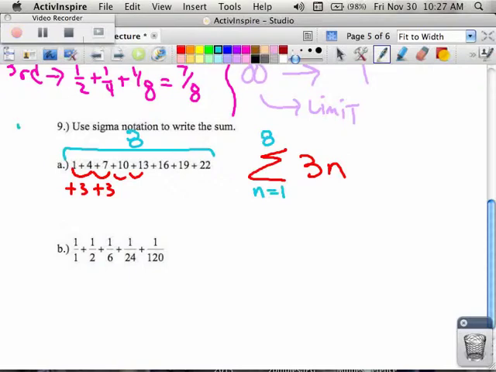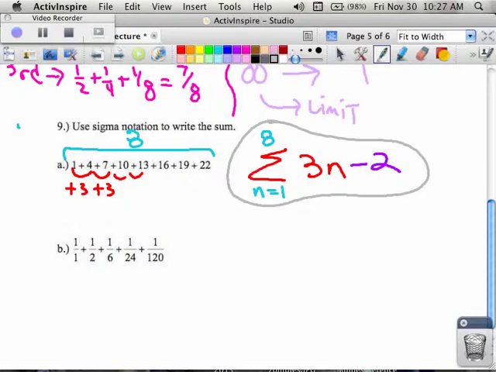Now let's just see if this works out fine. 3 times, what number do I plug in first? 1 is 3. Is that what I wanted? No. Oh, darn it. So I've got to subtract off 2. And what you see here in the gray circle is the sigma notation sum of the series that was written before us.